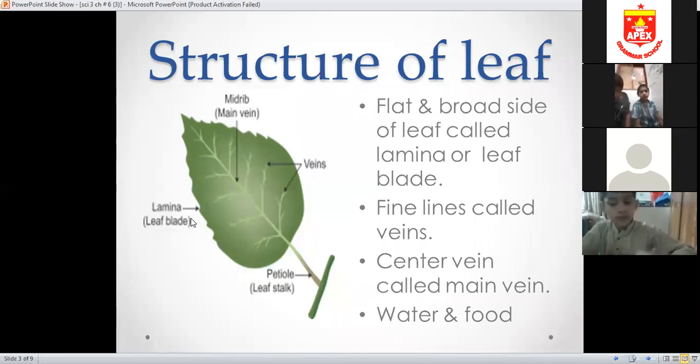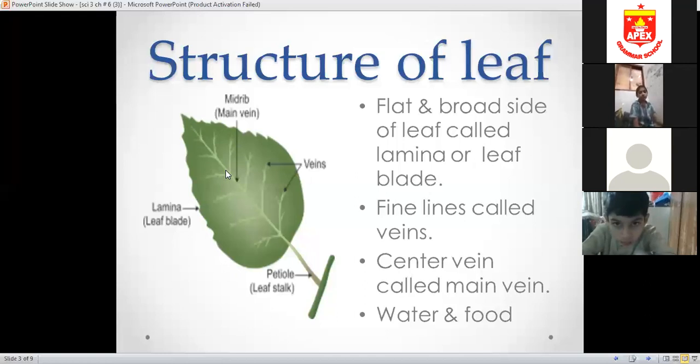In this lamina, in the center of the leaf, we have seen a main vein. You have seen this is the main vein, where I move my cursor. From this main vein many small veins are further growing in the leaf.